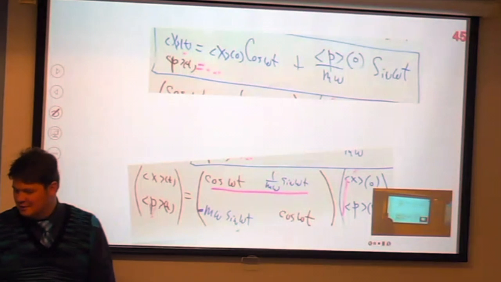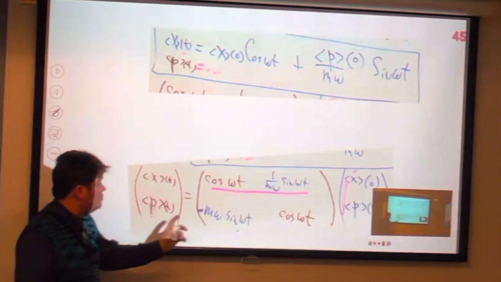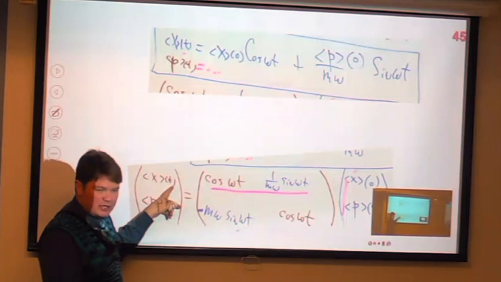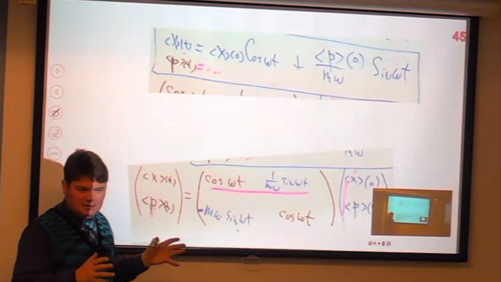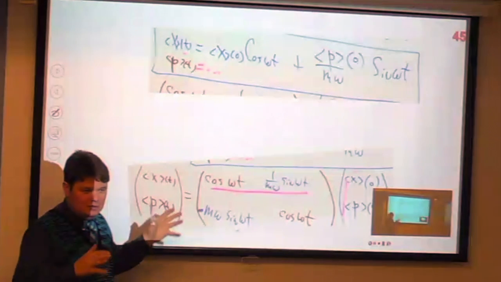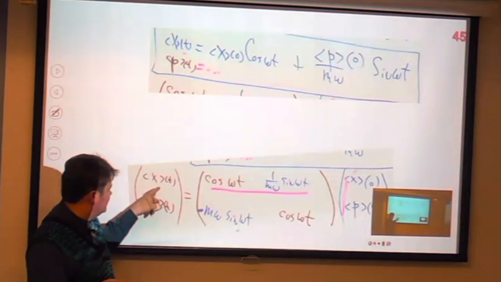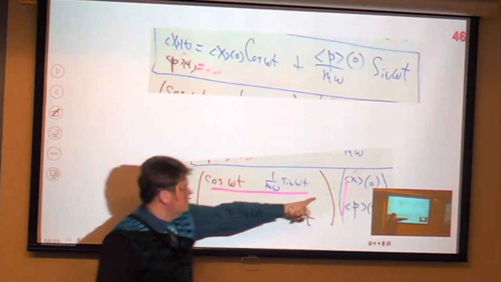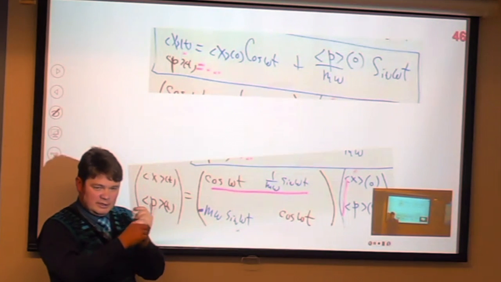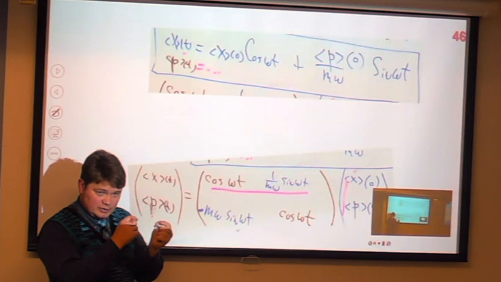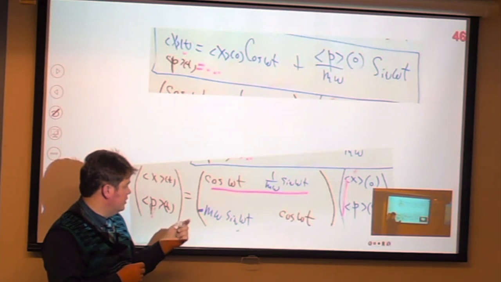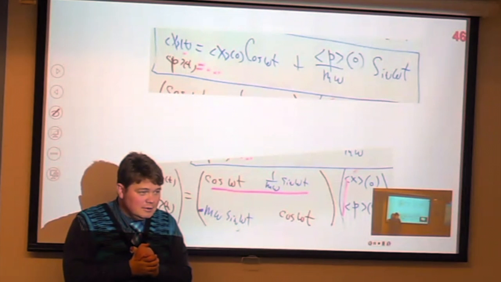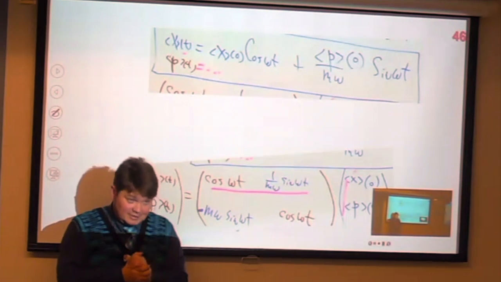Maybe just general features. If we play with this expression, if you put it into, let's say, MATLAB or some other software, and set up fixed values for mass and frequency and initial values, and plot these two variables, a parametric plot of x and p, this will give you which shape? Circle? Yes.